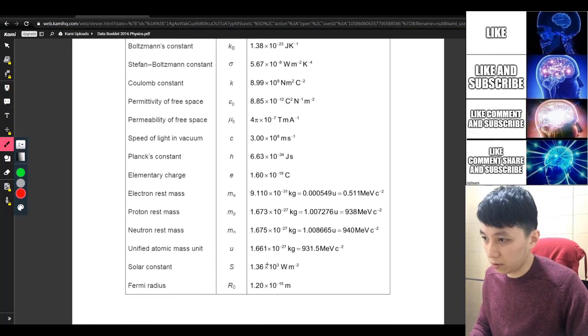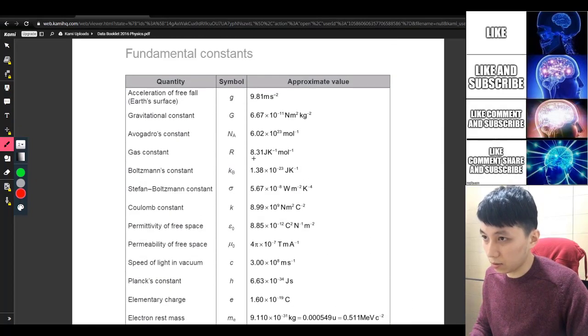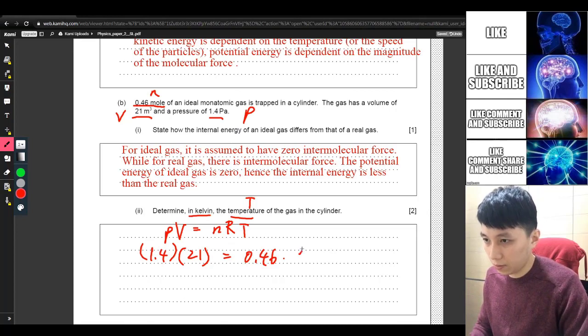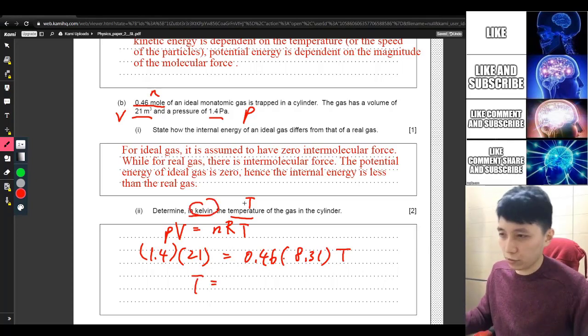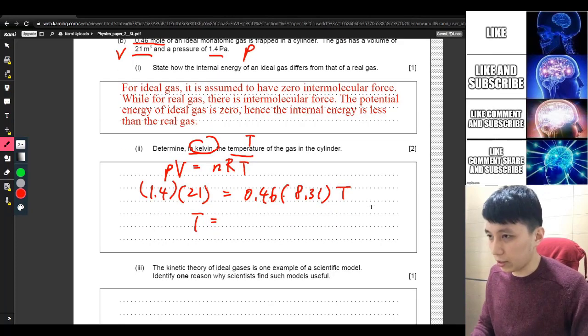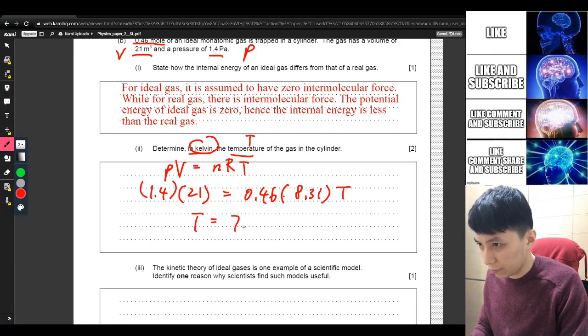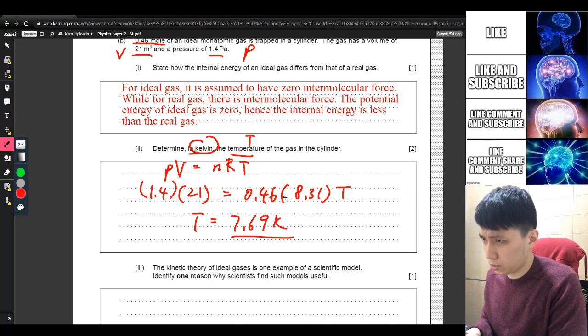R is something here, gas constant, so 8.31. I like to use brackets more. T, okay, and then they already told you it is in Kelvin, so it's good. You don't have to convert anything. Just use your calculator. So temperature is 7.69. That's small. That's a bit strange. Did I?